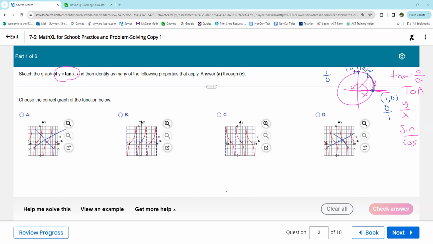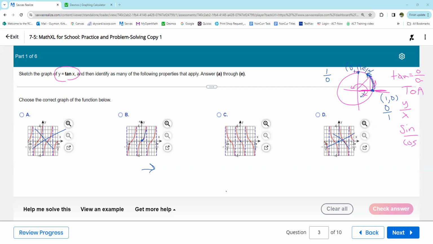This one does not. Again, as you move to the right, this should be going positive, because it's a positive over a positive. Then past the asymptote it would be negative.